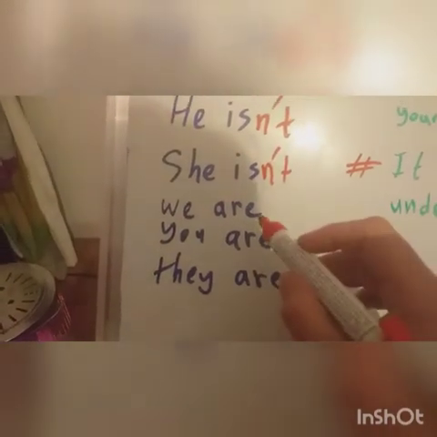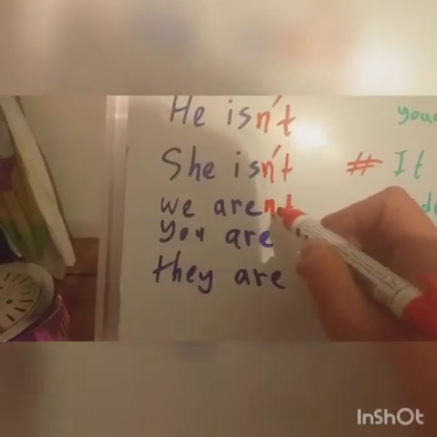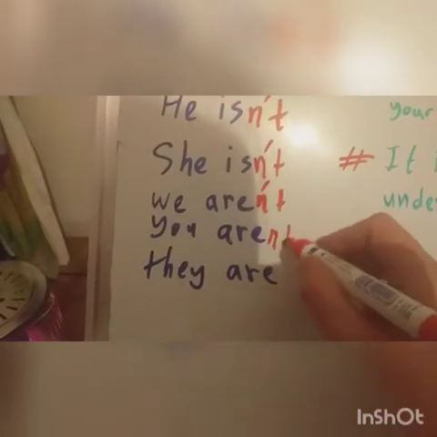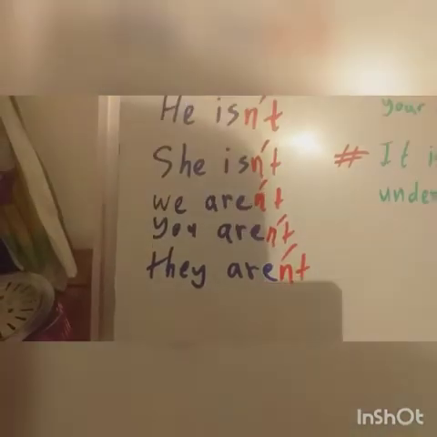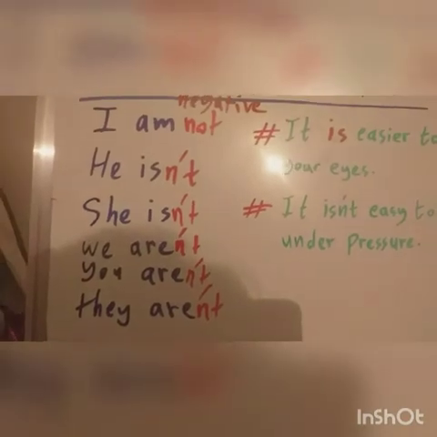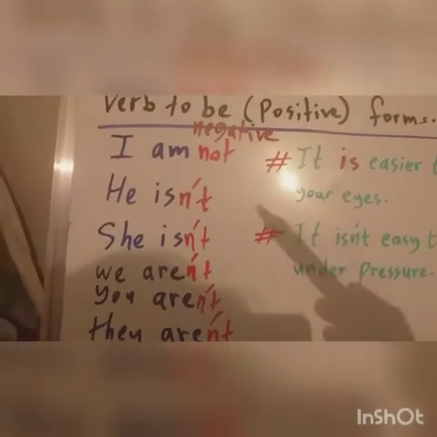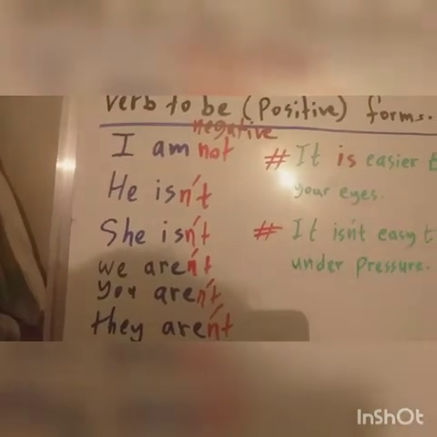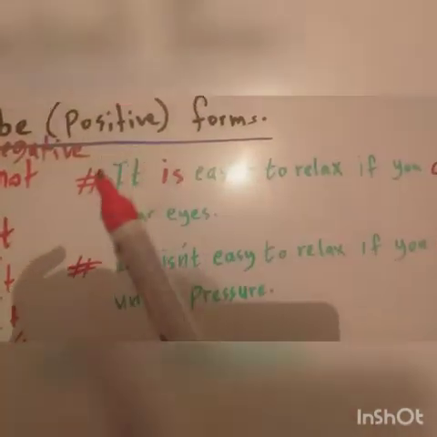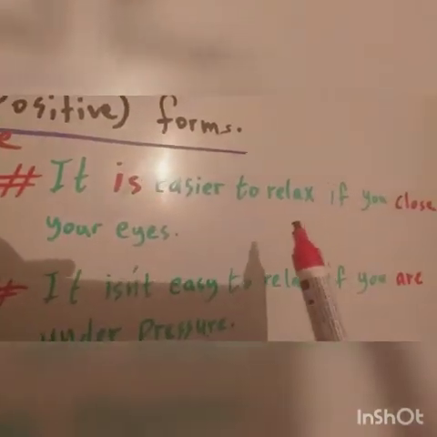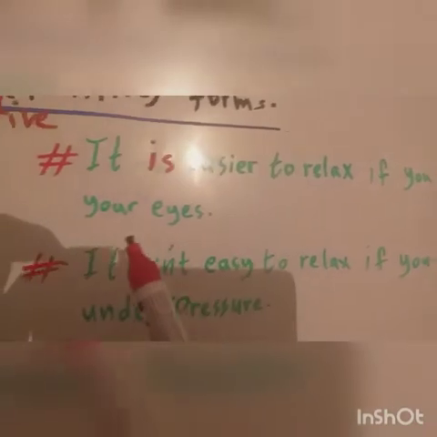We aren't. You aren't. And they aren't. Let's look at these examples and how the verb to be changes in the examples. It is easier to relax if you close your eyes.